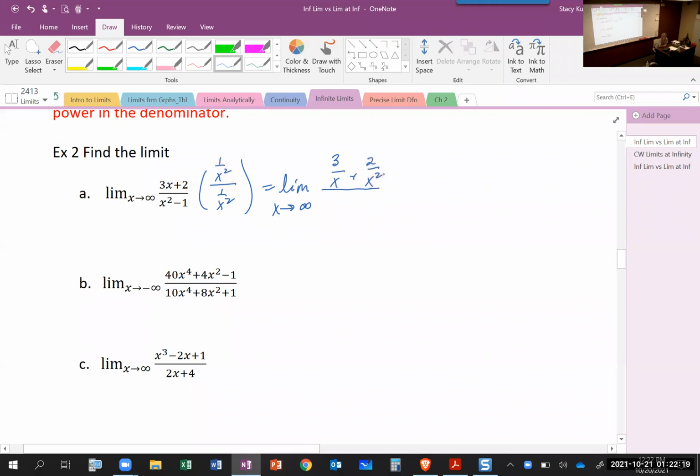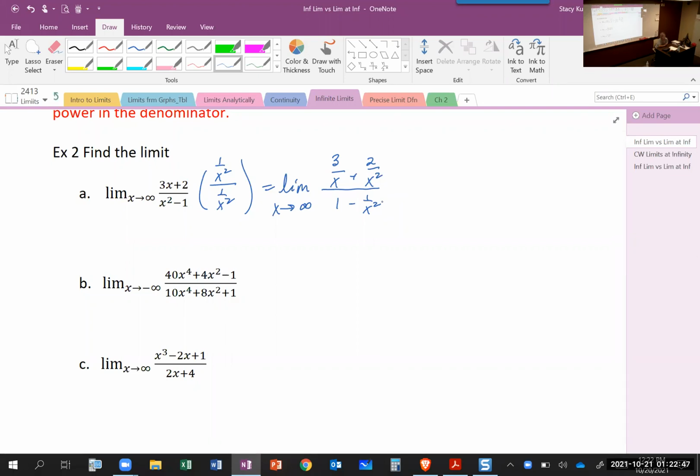So I have these fractions in the numerator, but hold on, there's a reason why we're doing this. In the denominator, we have x squared over x squared, which is 1 for the first term. The second term is just minus 1 over x squared. Does everybody see where I did those multiplications from?